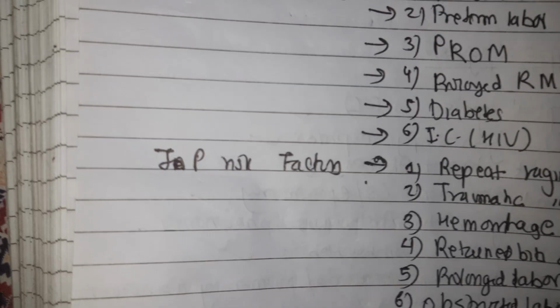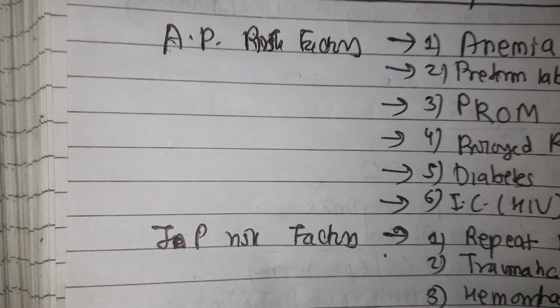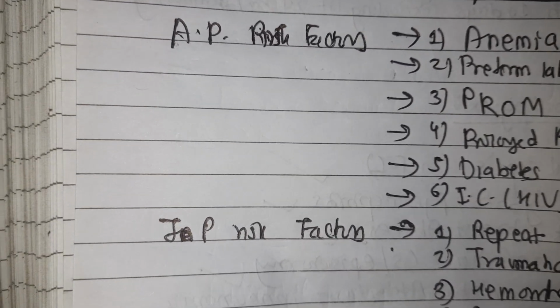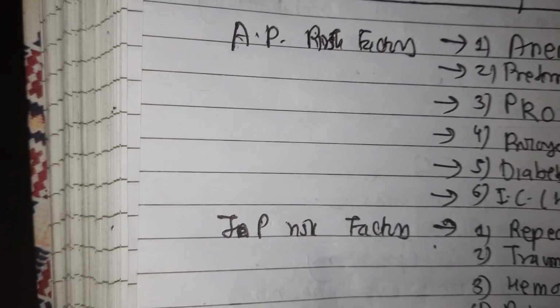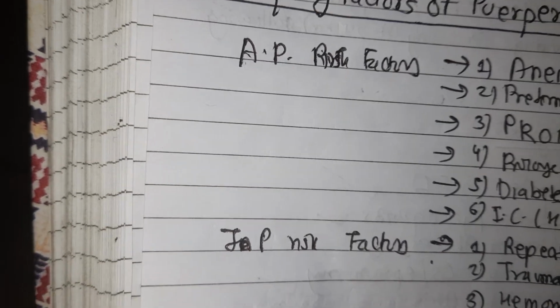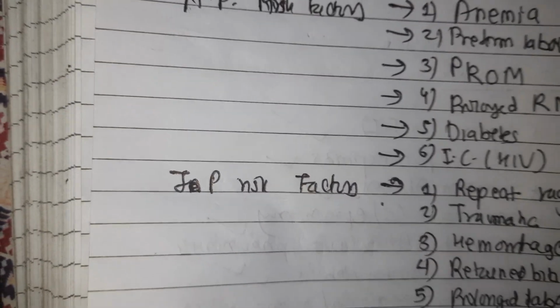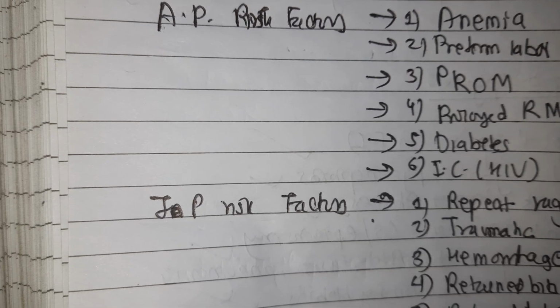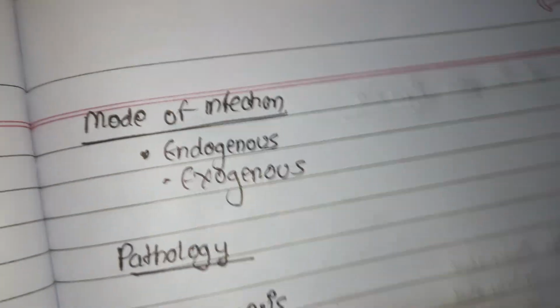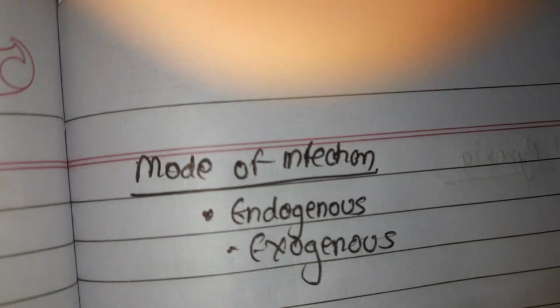Due to these factors, the organisms gain a foothold either in the traumatized tissue of the urogenital canal, or in the raw decidua left behind, or in the blood clot, especially at the placental site. The mode of infection: puerperal sepsis is essentially a wound infection.